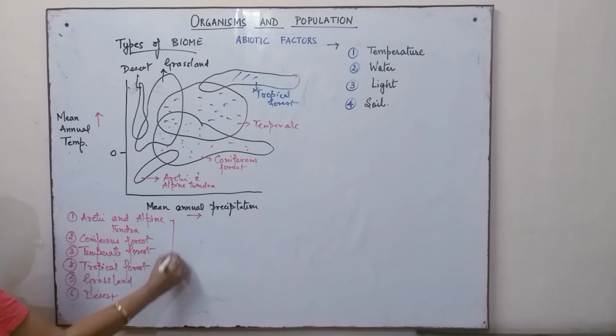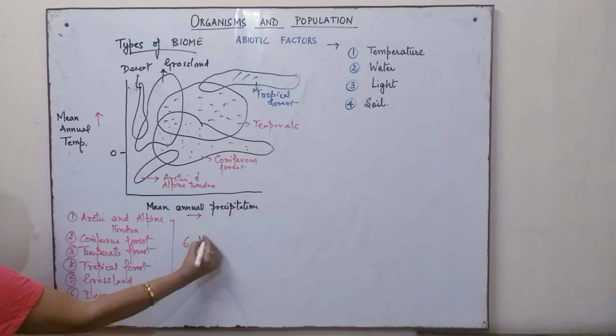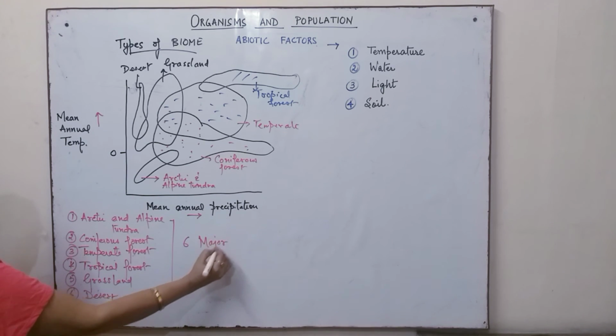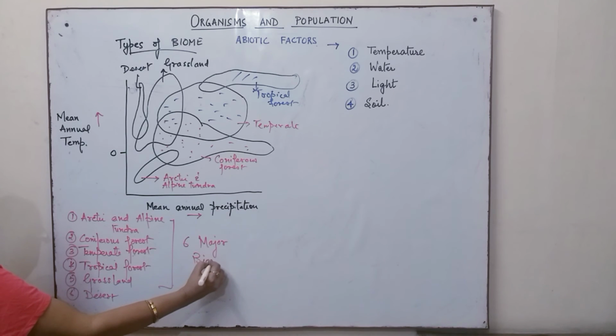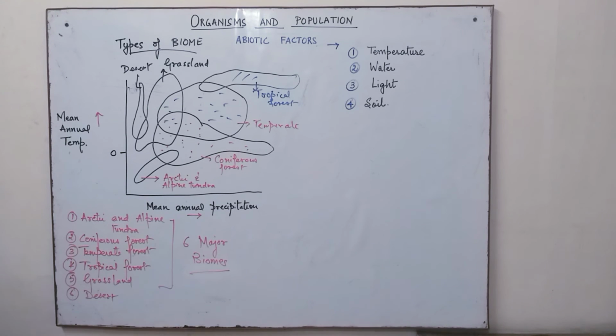So these are the 6 major biomes on the planet Earth. And these 6 major biomes are based upon the precipitation, that is the rainfall pattern, and the temperature of the region.